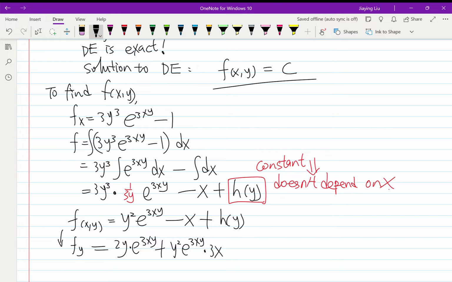And then we have to take the derivative of negative x with respect to y. That's going to be a 0. I'm going to write negative 0. And then the derivative of h of y with respect to y, which is h prime.